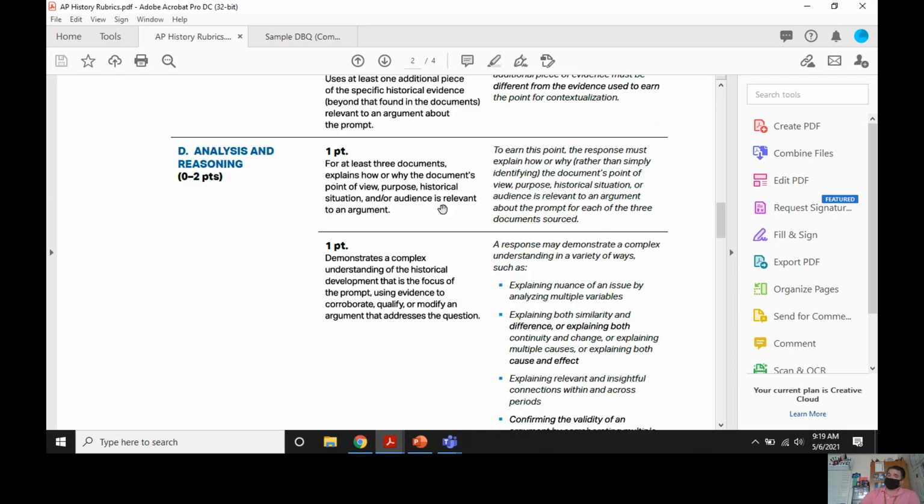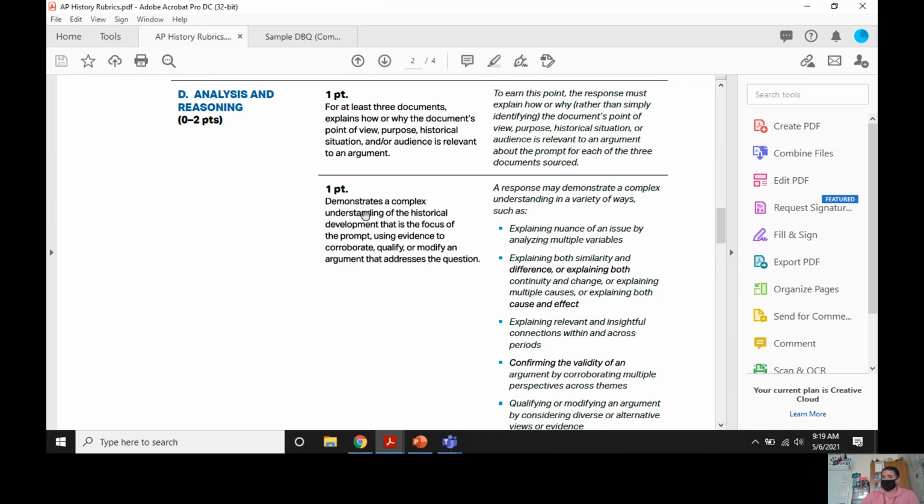Last point, the unicorn, yet again. And it's all about the complex understanding.